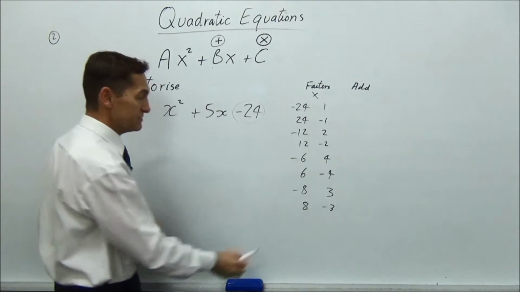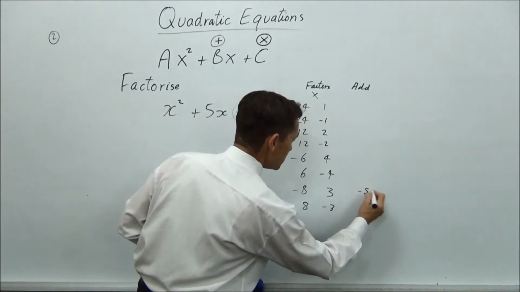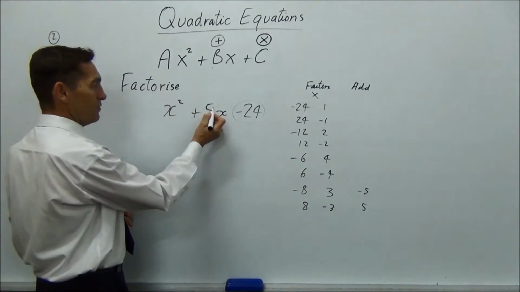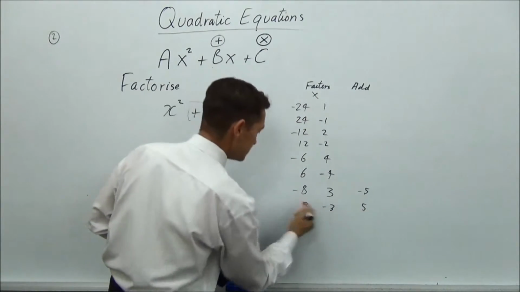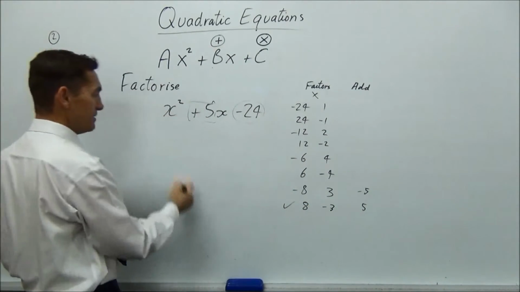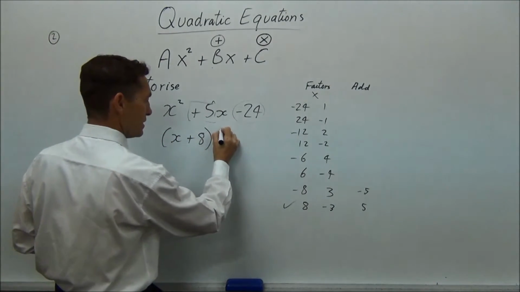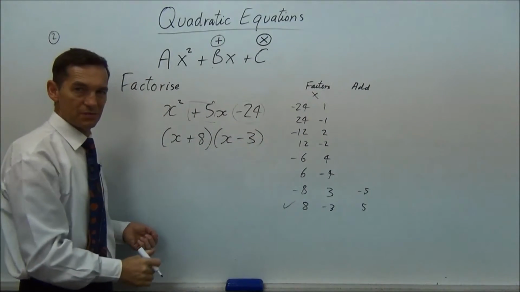We're looking for 5, so we've got 8 and 3, so minus 8 and 3 is minus 5, 8 and minus 3 is 5. We want it to be plus 5, that's our answer. We want 8 and minus 3, so we've got x plus 8 and x minus 3, and we're done.